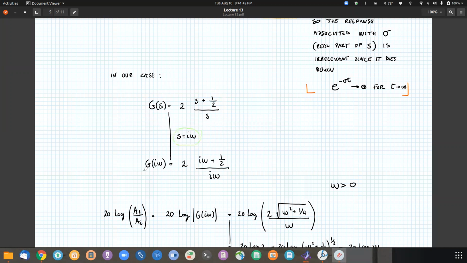So now our transfer function is not a function of s anymore, as in a complex number with both real and imaginary part, but it's simply a function of the frequency omega. So g of i omega is equal to 2 times i omega plus 1/2 over i omega.